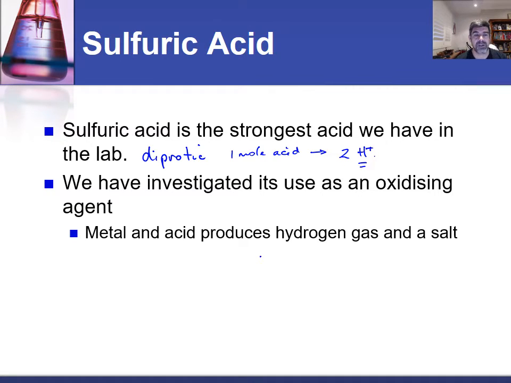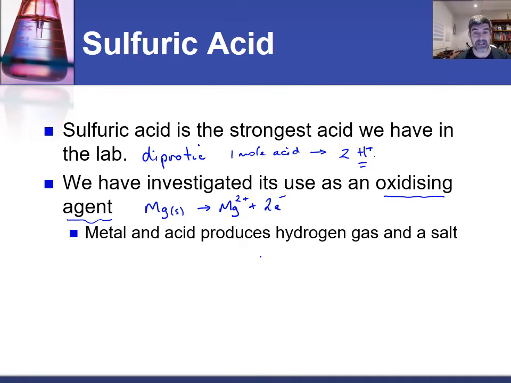We've also looked at the property of sulfuric acid as an oxidizing agent, and this is one of the important reactions that involves the use of sulfuric acid. So an example of this is metal plus acid produces hydrogen gas and a salt. And of course, when this happens, if we think about magnesium, for example, as a solid, it will become magnesium ions and 2 electrons.